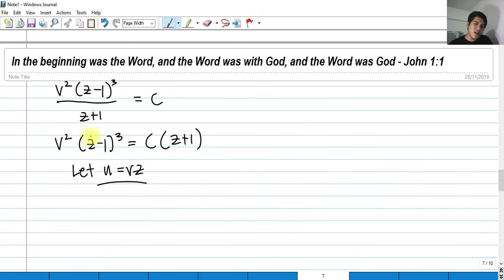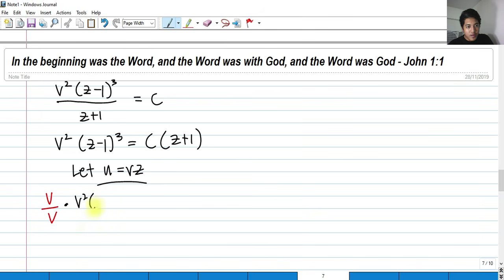We can actually perform the expansion of this, but I'd rather not. There's a technique: if I multiply the left side by v over v, this is still equal to 1, so multiplying v over v into the left side of the equation won't affect the equation.